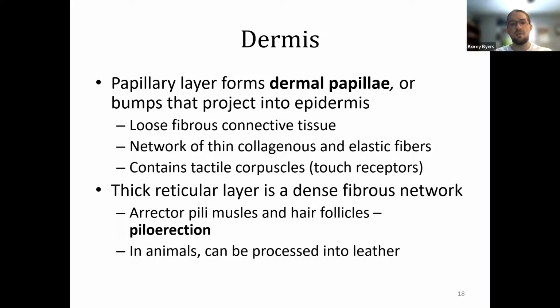This thick reticular layer in animals can be processed into leather. You can take this material, scrape it, and dry the thick reticular layer, and it becomes a very strong, very dense, waterproof material.